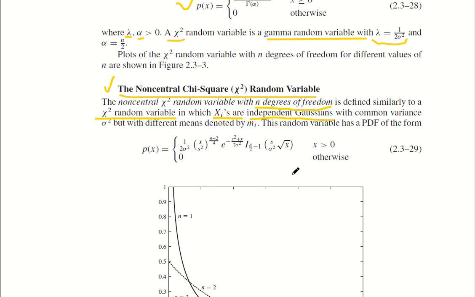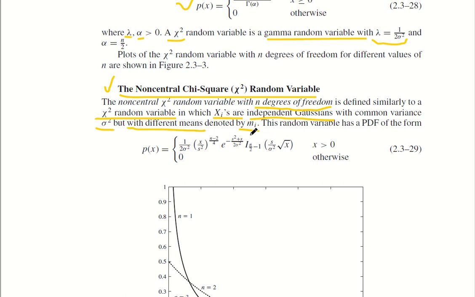Correlated cases are hard to deal with, which we'll talk about later, but we deal with independent cases first in this subsection. So with common variance sigma squared, but notice with different means denoted by mi. It's rather different than before in terms of the means.